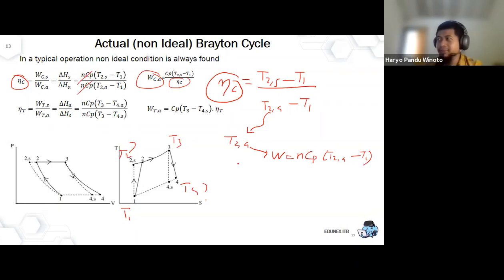Got it? Okay. It's going to be the same for T4.